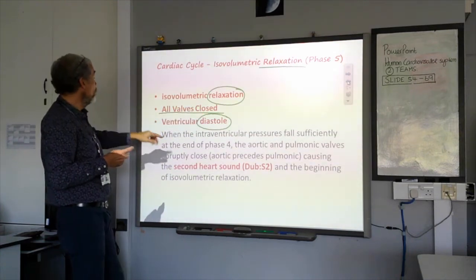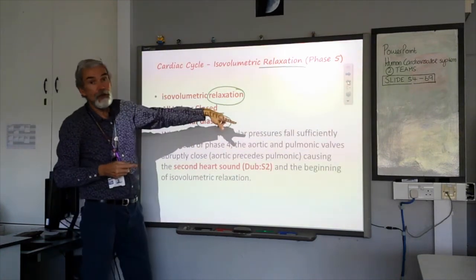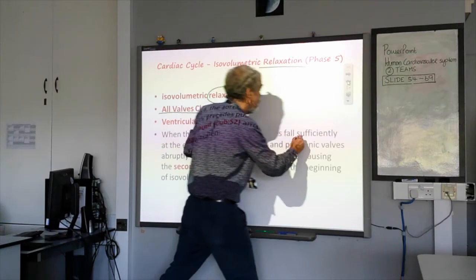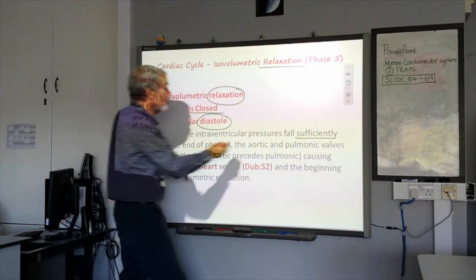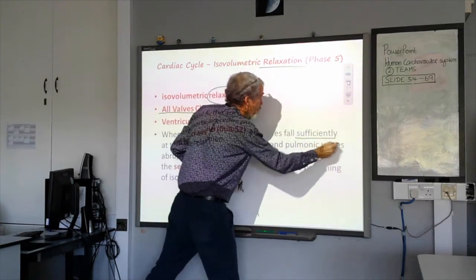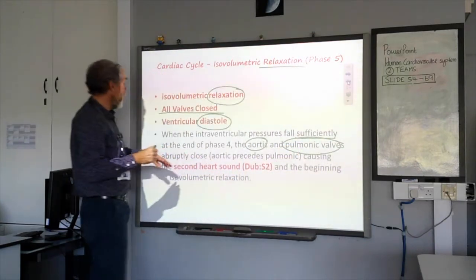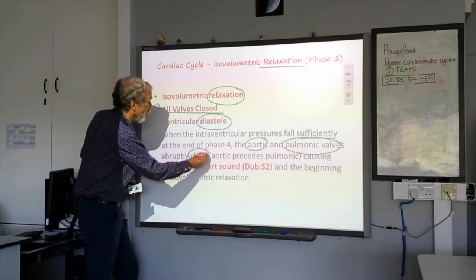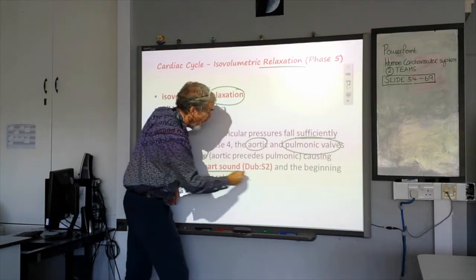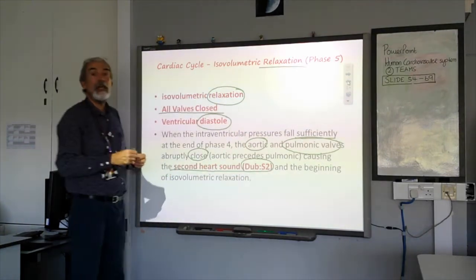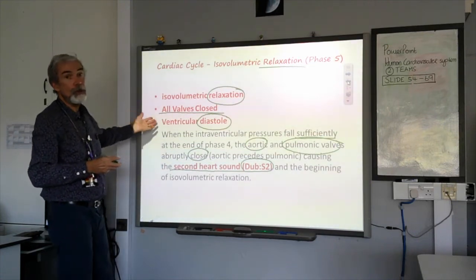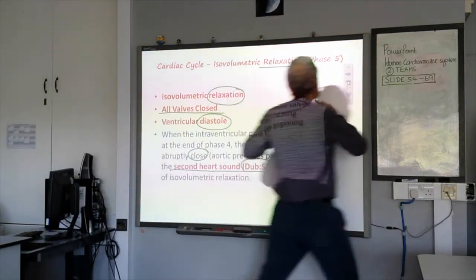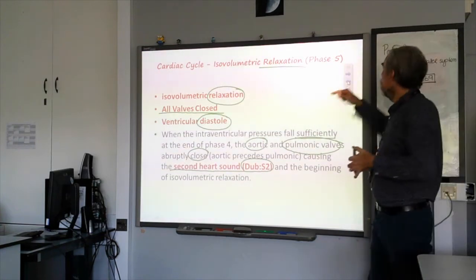But all of a sudden, when that intraventricular pressure falls sufficiently, both the aortic and the pulmonary valves will abruptly close, which gives our second heart sound, which is "dub." AV valves are still closed, but now we get the closure of the semilunar valves.